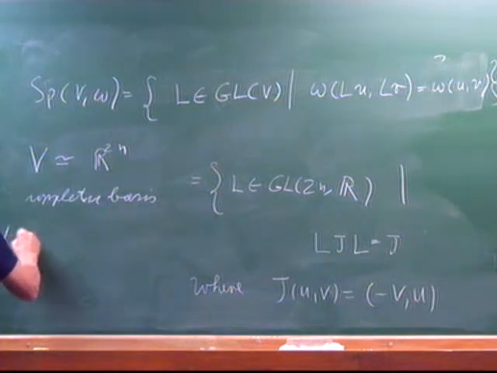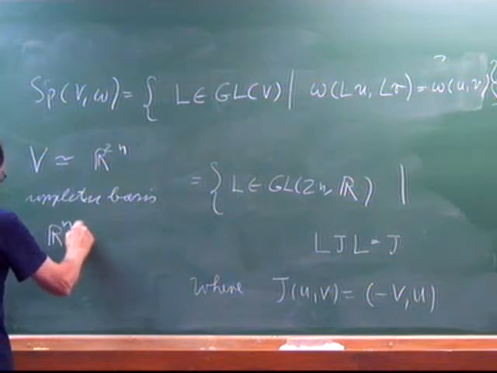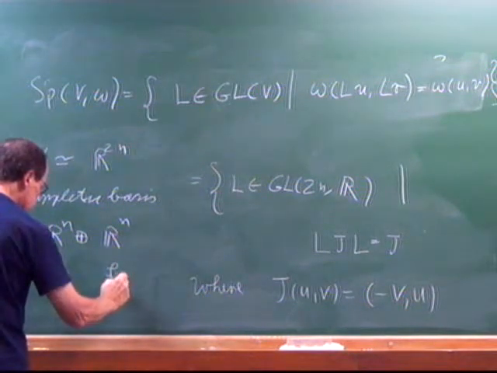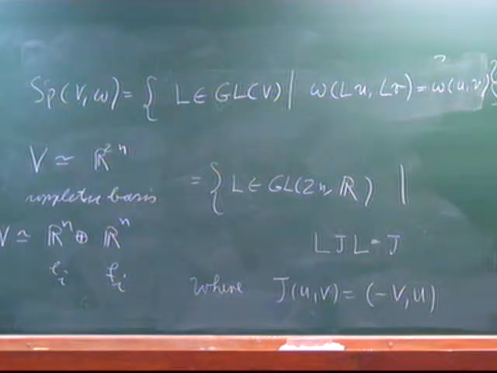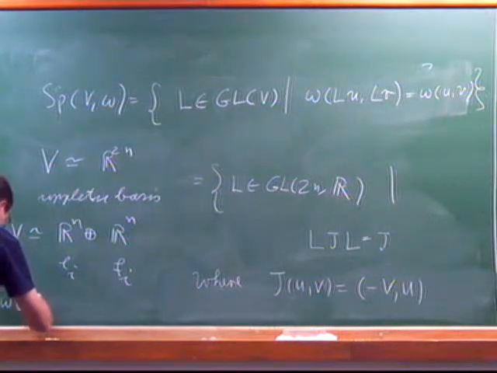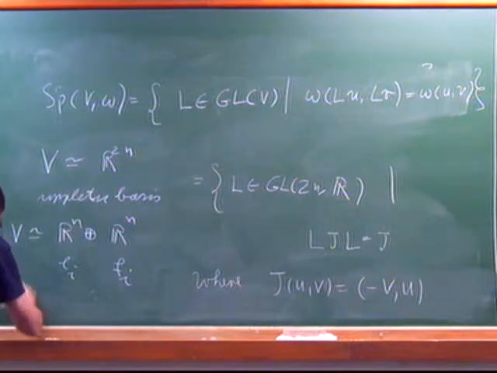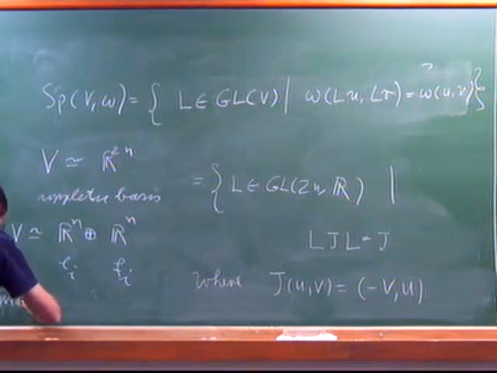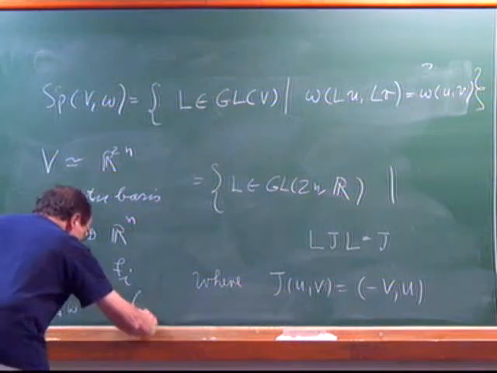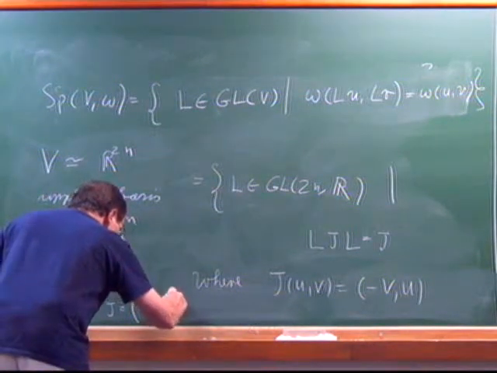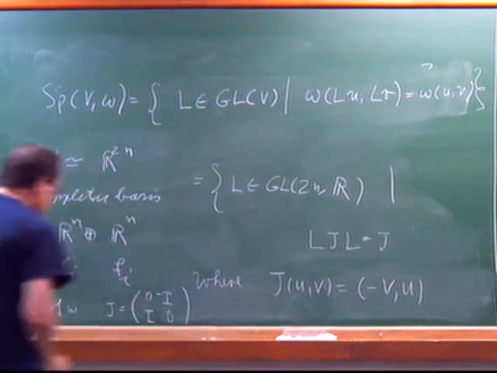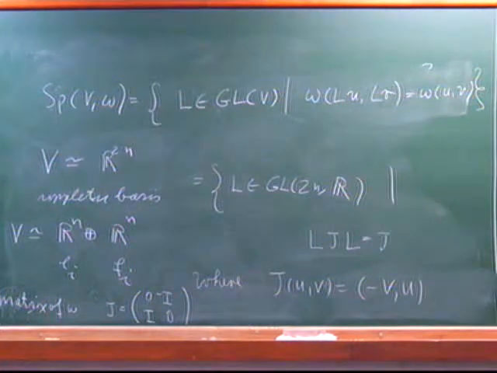This R^2n, of course, I write as R^n plus R^n again. Here I have the basis e_i, here I have the basis f_i, which gives rise to my symplectic basis. And in this basis, the matrix of omega is precisely 0, I have to care about where the minus sign goes, like this.